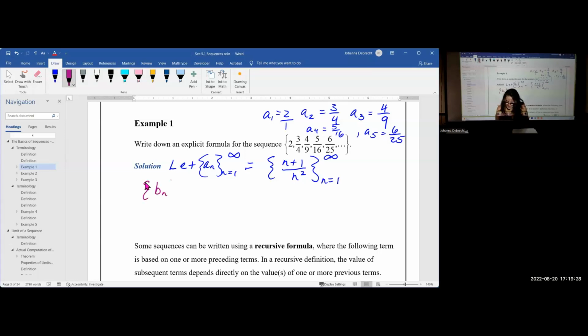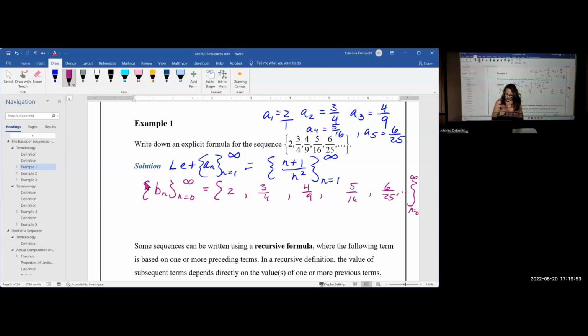So we're going to let b sub n from n equals 0 to infinity be the same list of numbers: 2, 3/4, I'm spreading them out, 4 over 9, 5 over 16, 6 over 25, and so on. And we're starting with n equals 0.